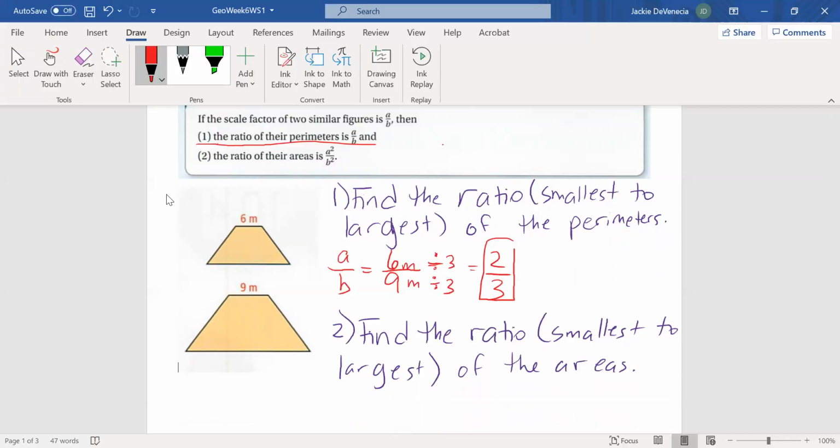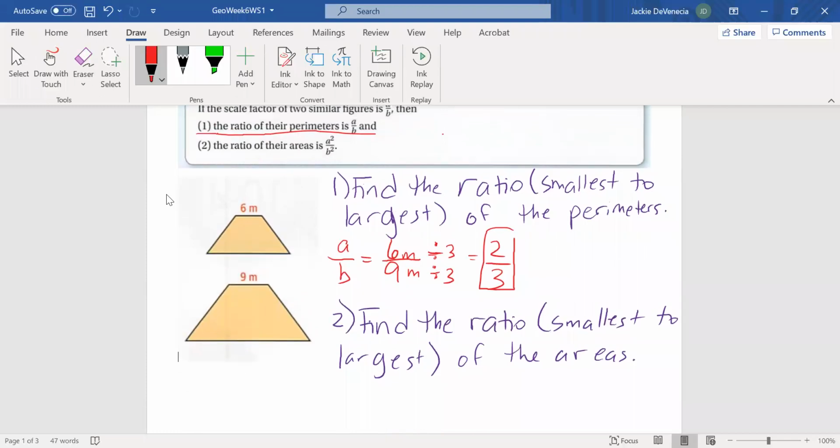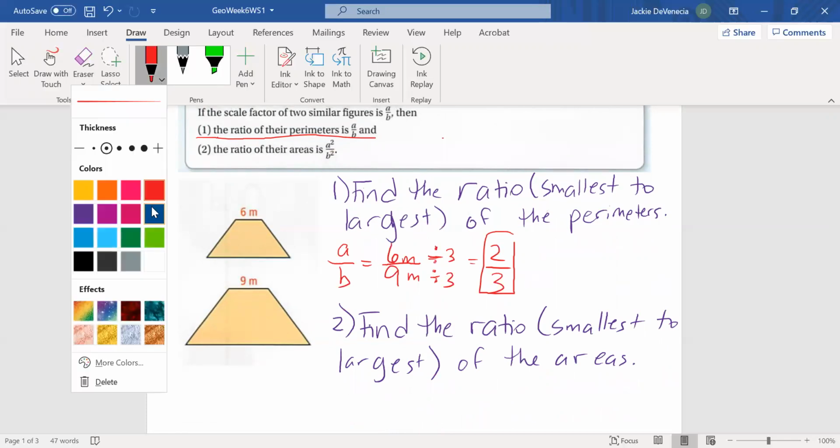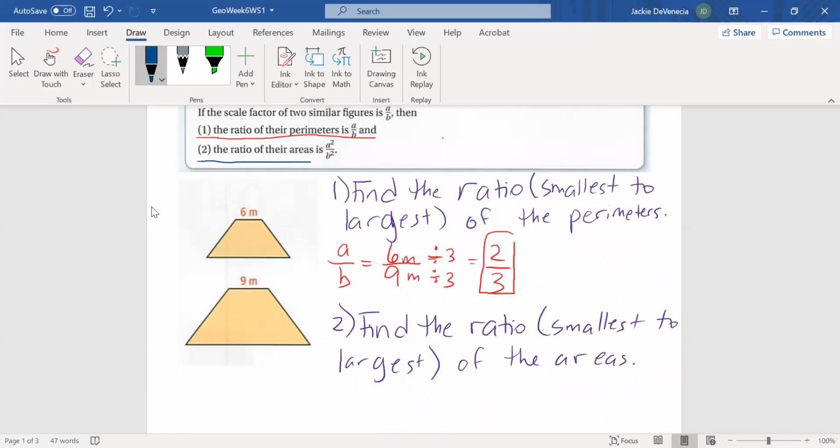Now, let's scroll down. We have to find the ratio from smallest to largest of the areas. Now we're looking at areas, so we're going to use this second point right over here. The ratio of their areas is A squared divided by B squared. So let's write that formula just so we can remember it.